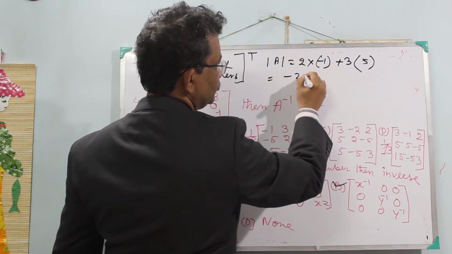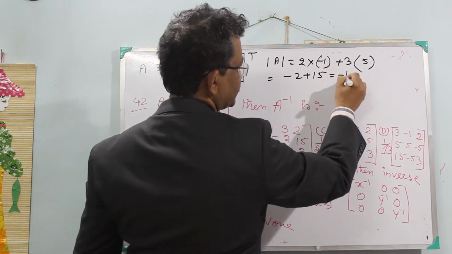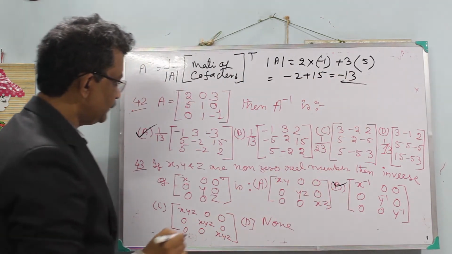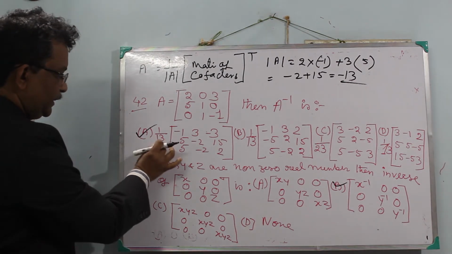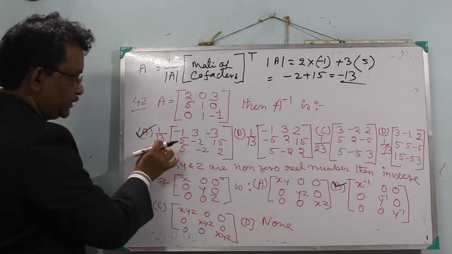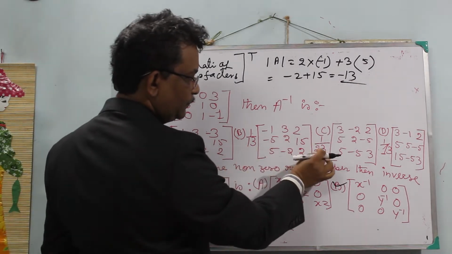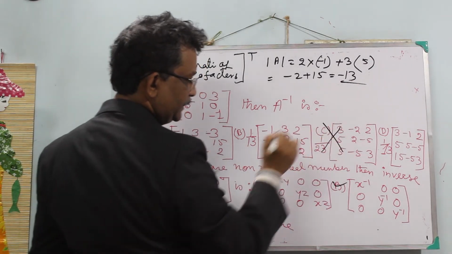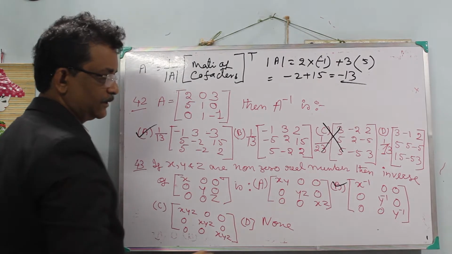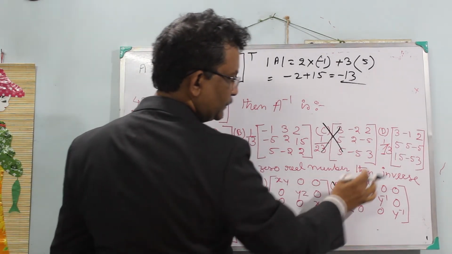So minus 2 plus 15 equal to minus 13. So the determinant is equal to minus 13. So for A inverse, it is 1 by 13, 1 by 13. So C cannot be the answer. So this is also 1 by 13.